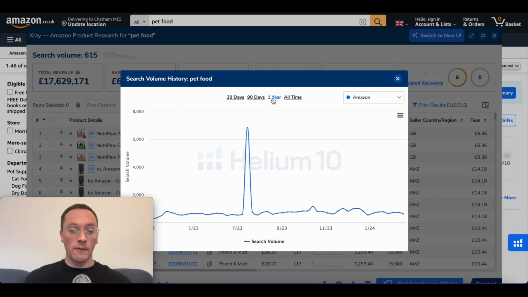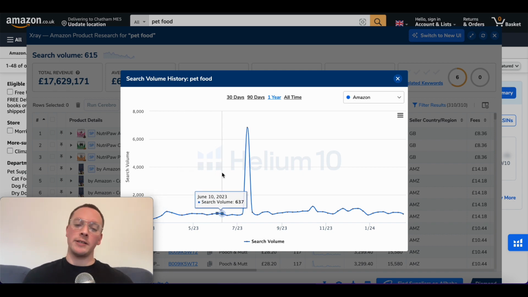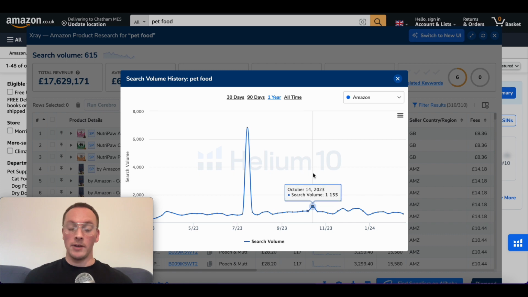So we can tell from this graph here, that in the last year, pet food, on around about July the 1st to July the 22nd, had a massive spike. All year round, we can also see that for the last year, it seems to be around about 500 to 700 search volume.